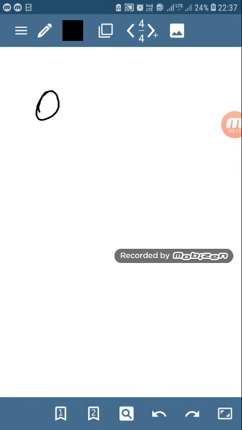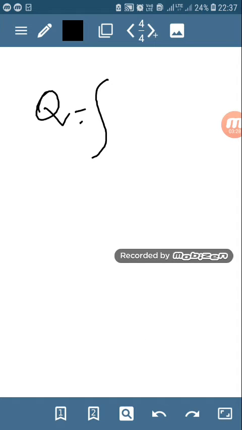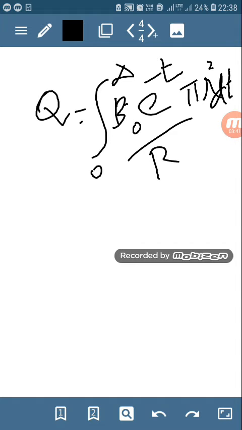So Q is equal to the integral of I, and we know the expression for I: B naught e power minus t pi r square by R. Integrating with respect to dt, the limit is from 0 to infinity.